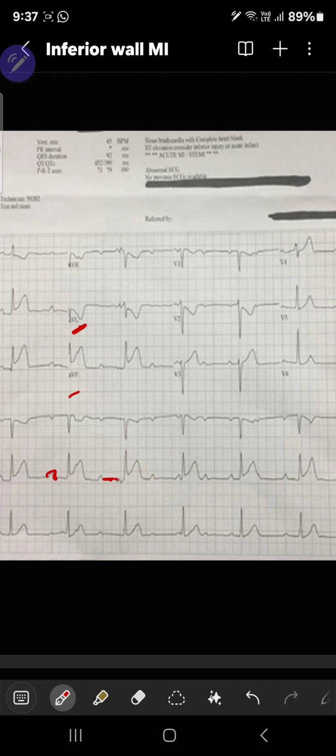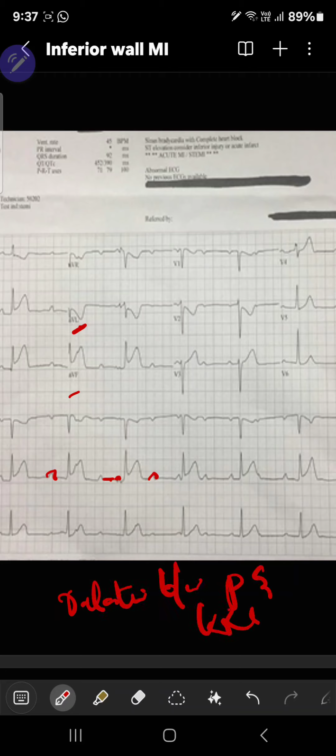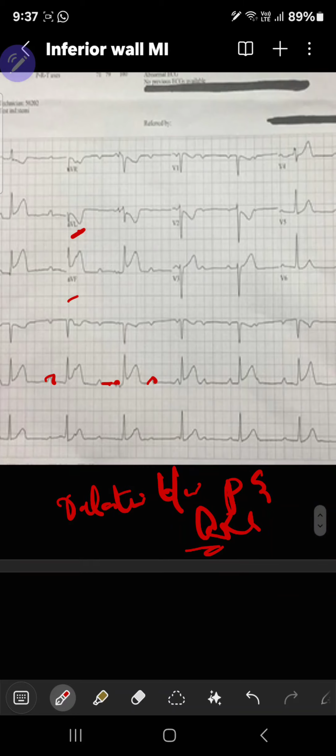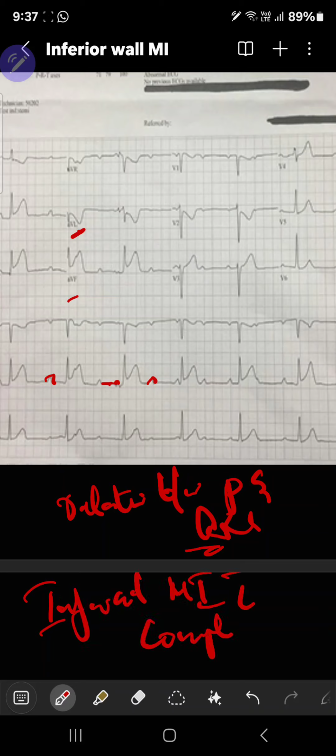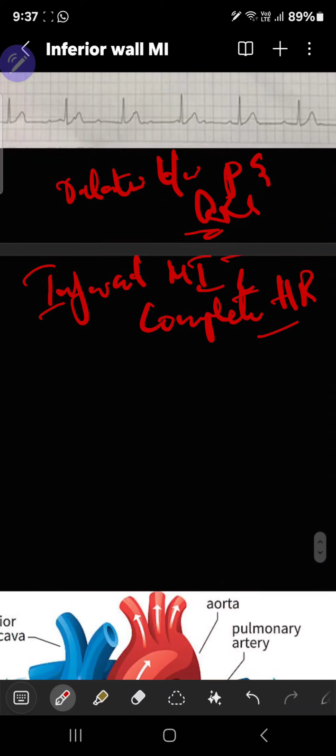There is no QRS again, P wave, QRS again, P, no QRS. There is no relation between P and QRS. So it is inferior wall MI with complete heart block, CHB.